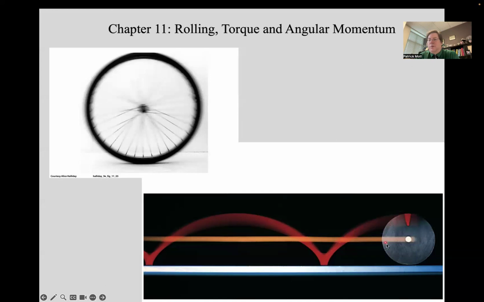For this wheel to roll, this point on the edge of the wheel is following a curve that's called a cycloid. And it is instantaneously at rest. The motion of that point on the wheel, if it's rolling, is to come to rest for an instant and then carry on.